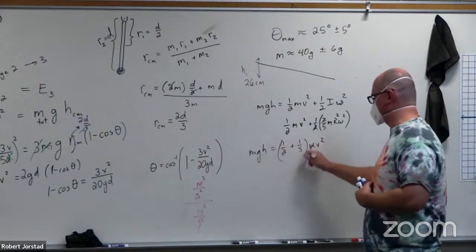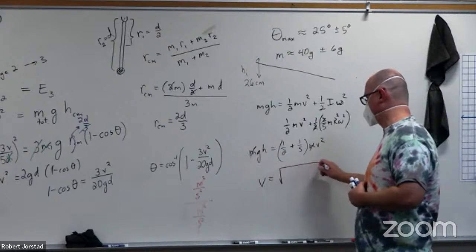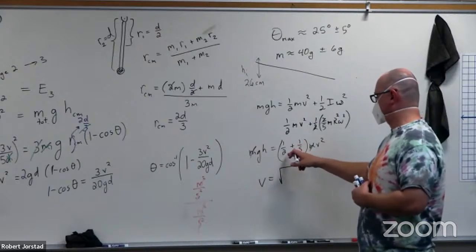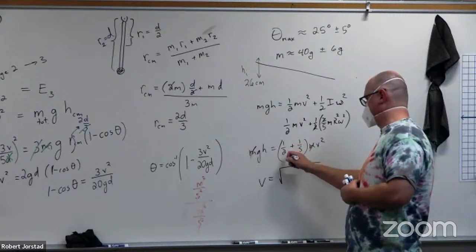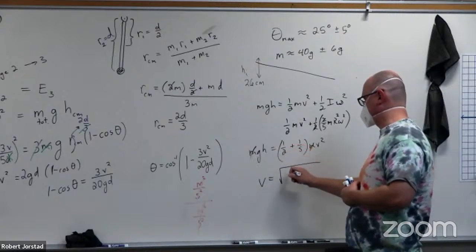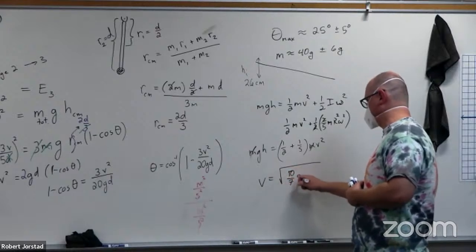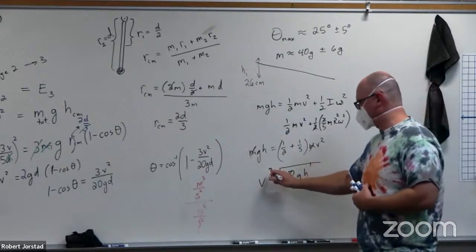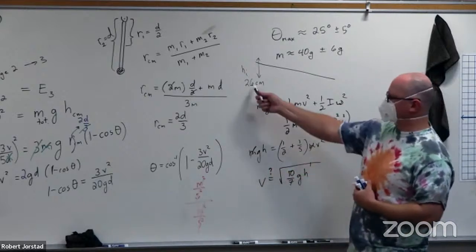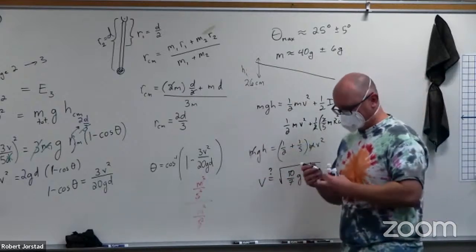Then you could use this calculation to get v equals the square root of, let's see, 1/2 plus 1/5. Well, we could do tenths, so 5/10 plus 2/10, that's 7/10. That's going to be 10/7 gh or something like that. You could double check this. I'll put a question mark there. So if you have 26 centimeters, you can convert the units, plug it in, that gives you v. You can do all the math and solve this problem.